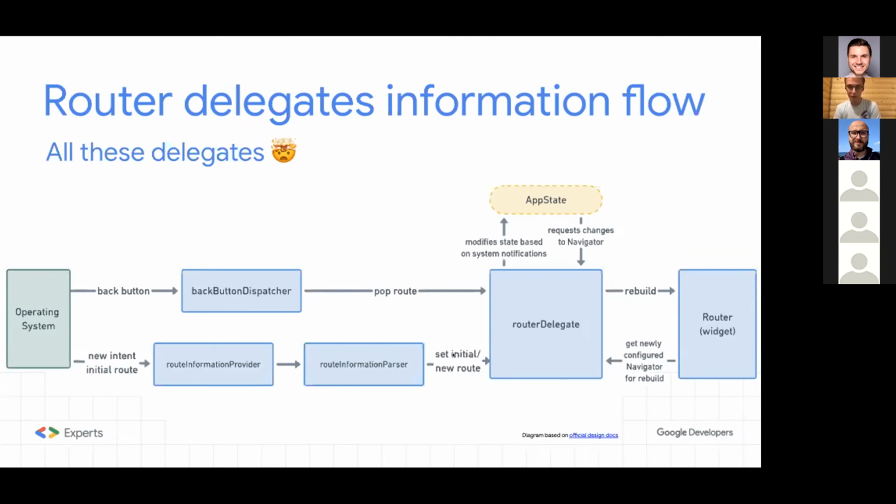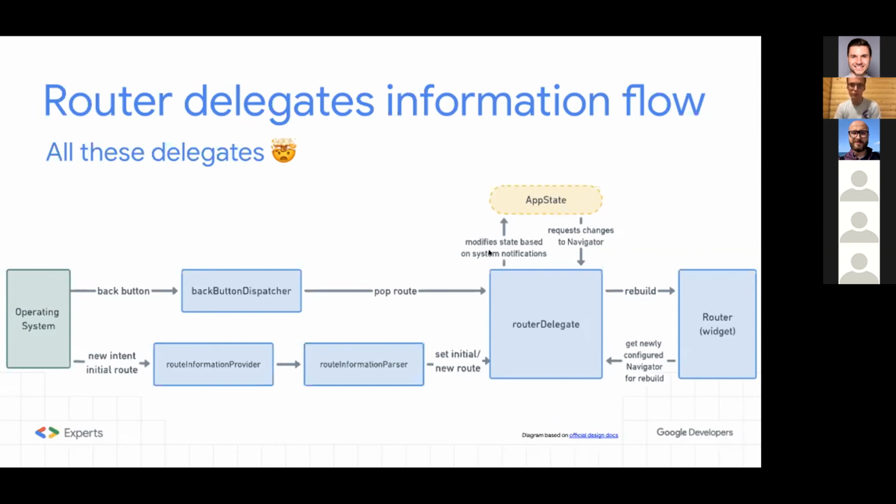Then you have your router delegate implementation. It will just call the set initial or new route, and the same will happen from the back button dispatcher, but there the only responsibility will be to dispatch the pop route. Here we have some kind of example app state, again some class that holds the state.